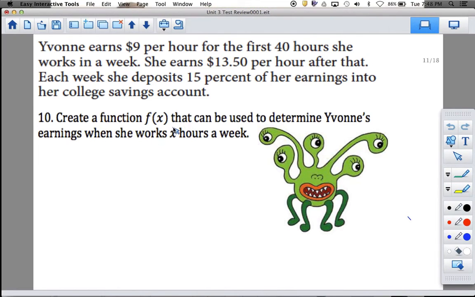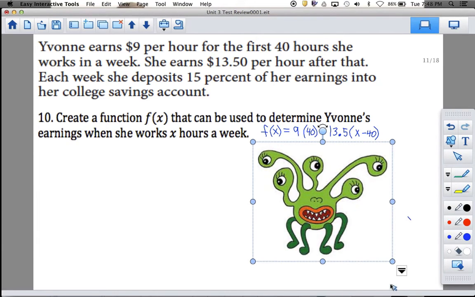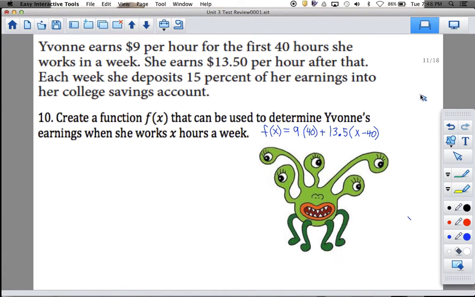If we just wanted a function to determine how much she's making if she works x hours a week, we are going to have this equation. She's making $9 for the first 40 hours, so you have 9 times 40.